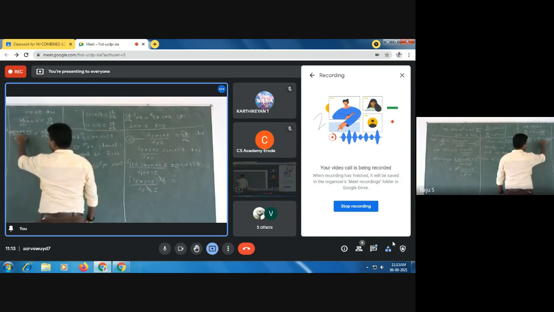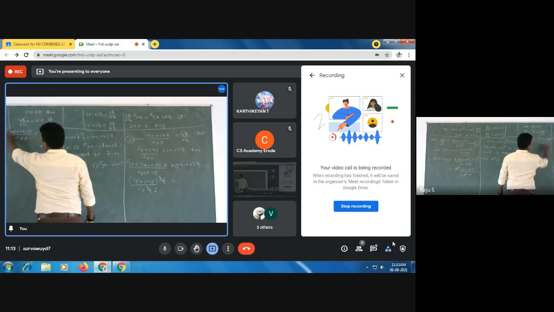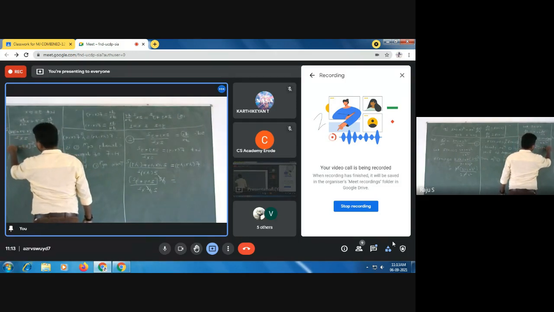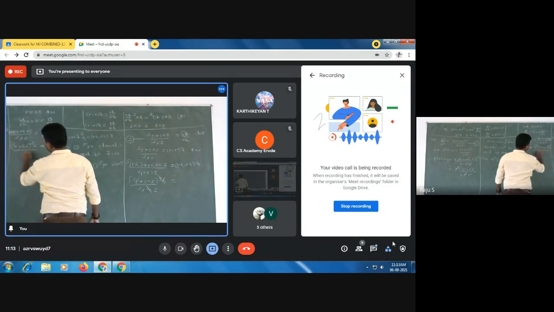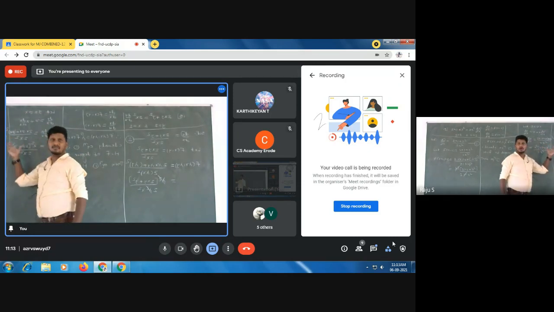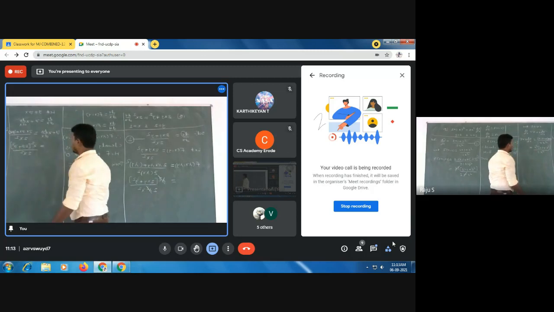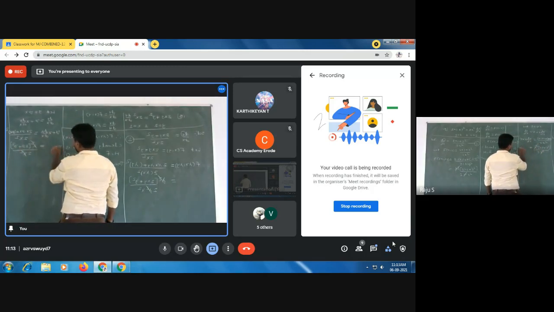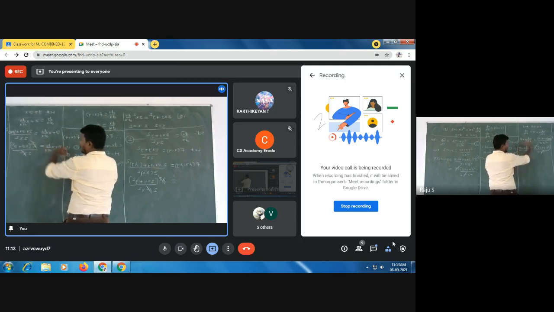Here, when I take x square common, in the right-hand side we get 2v plus v square by 2x square, since it is v square x square. I am taking x square common. Now x square gets cancelled. This v value I want to take to the right side.